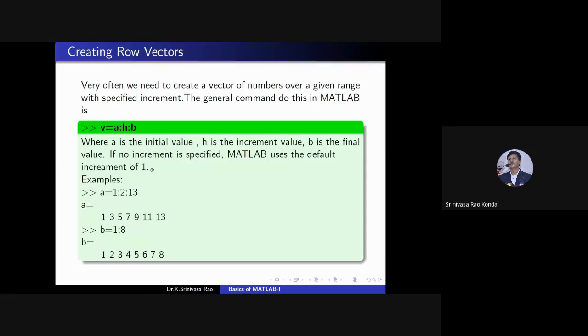So A is equal to 1 colon 2 colon 13 gives 1, 3, 5, up to 13. If you give 14 also, you get the same array. If you give b is equal to 1 colon 8, we get an array starting from 1 up to 8 with increment 1.